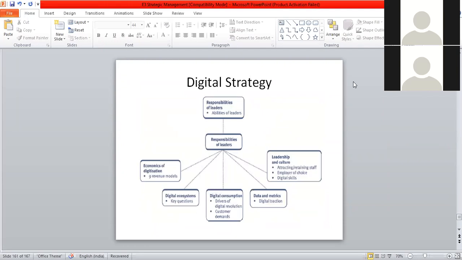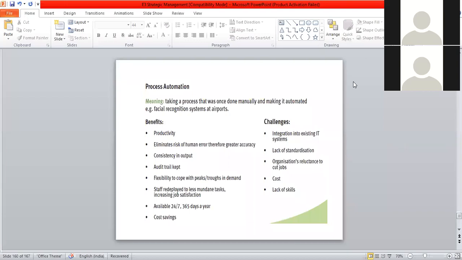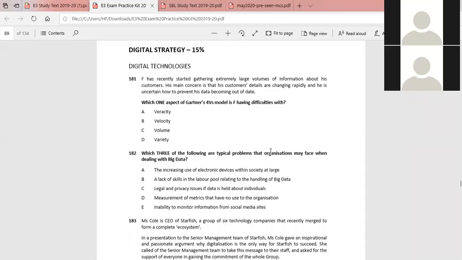Before that, whatever are the MCQs connected to these concepts, let's finish that off and then come back to this one. Let's see what the MCQs are. Question number 181.